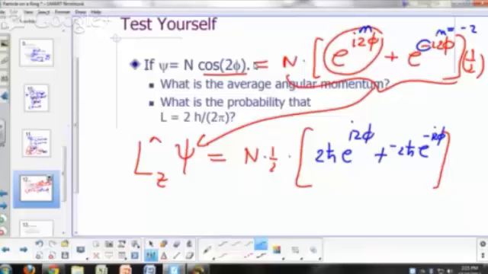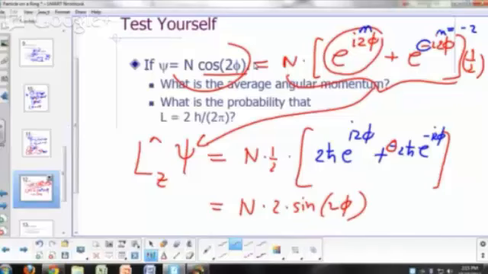Is that an eigenfunction of Lz? Can I factor out a constant and get back the original function? I can't because there's a negative there. Actually, you could have just taken a derivative of this. You would have gotten sine, right? So you end up with N times 2 times sine 2 phi. So it's not an eigenfunction.